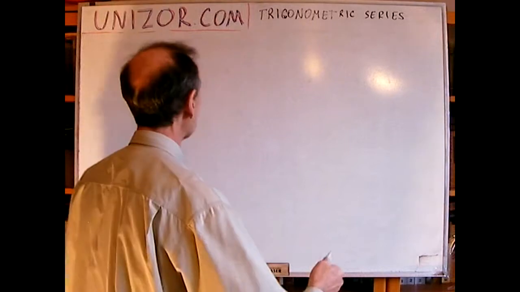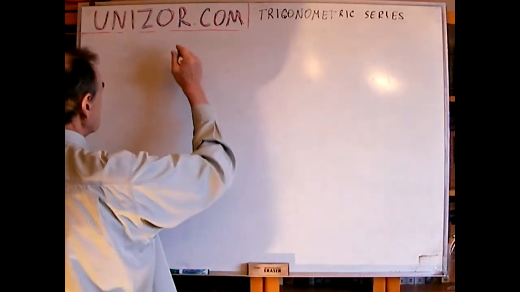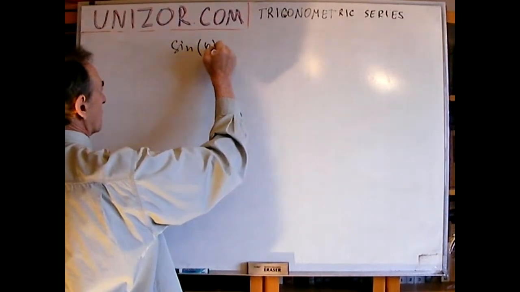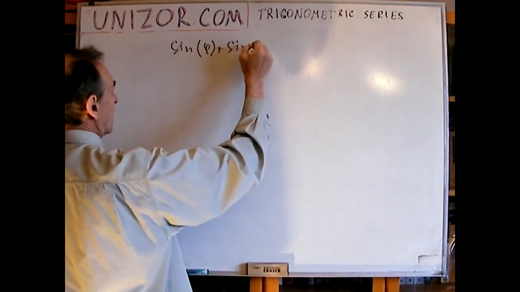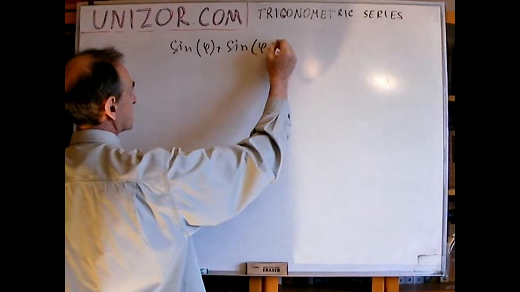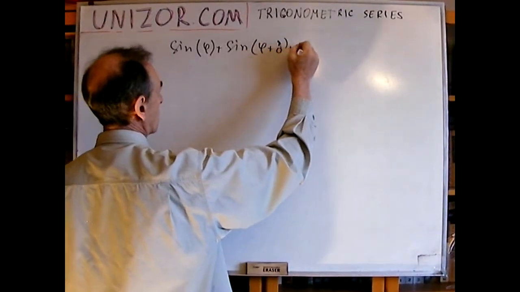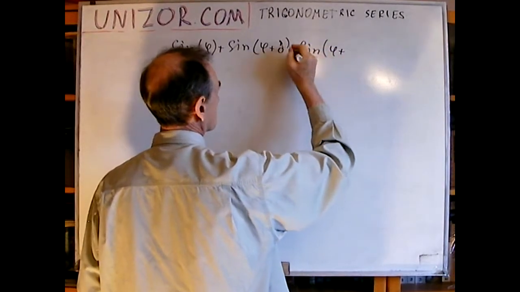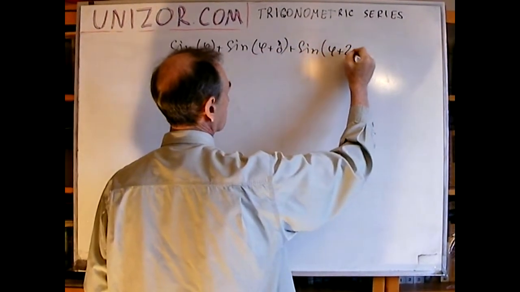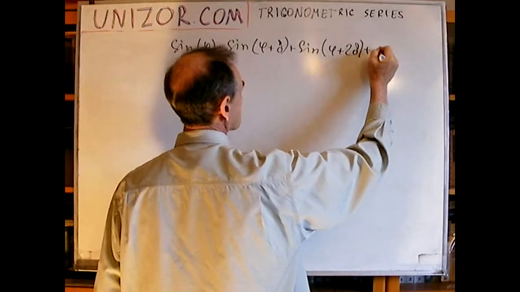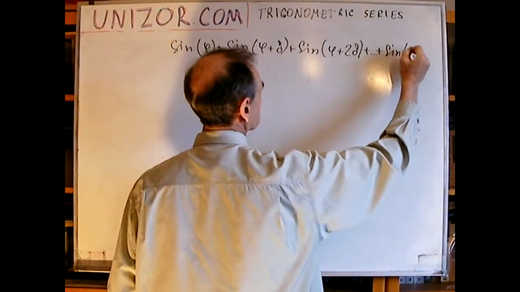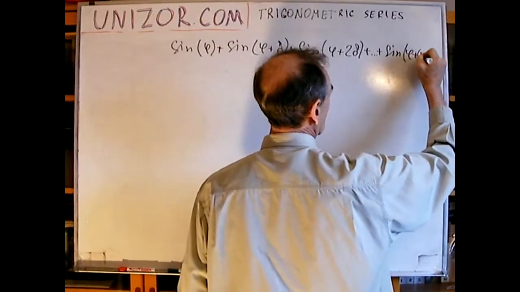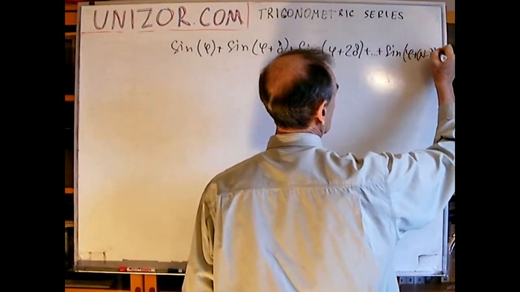Okay, so here is the problem. Let's say you have to summarize sine of phi plus delta, plus sine of phi plus 2 delta, plus etc., plus sine of phi plus, what's the last one? N minus 1 delta.